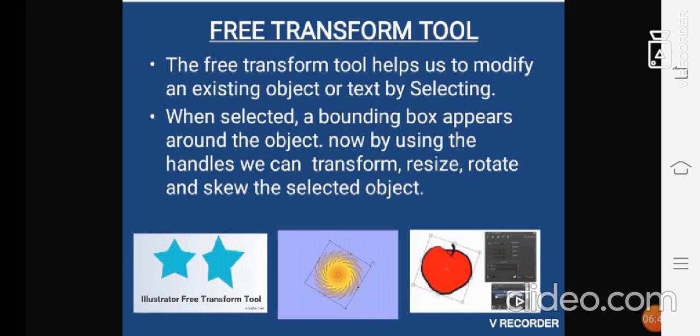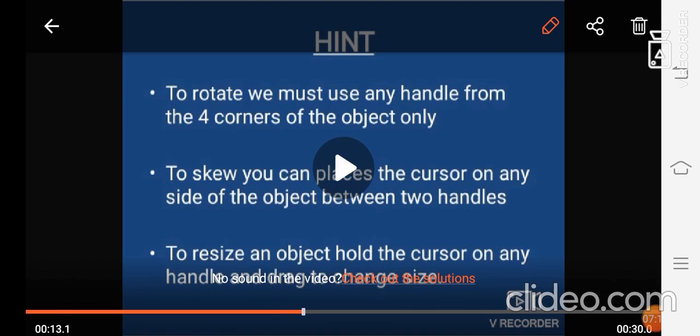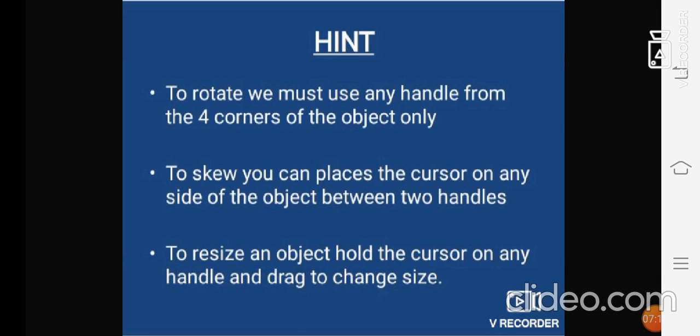This tool modifies existing objects or text by selecting them, and when you select them, a bounding box appears around the object, and then using the handles it can be transformed however you want. This is called the free transform tool. I have given it in the picture. Please follow that carefully. Shall I give one hint in this lesson? A simple hint: first we need to rotate.